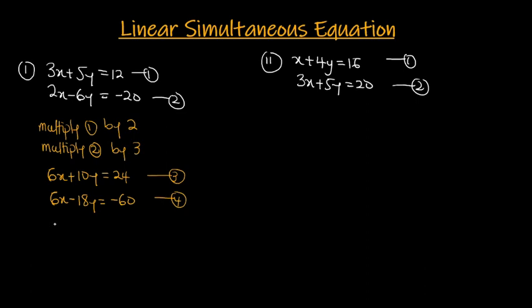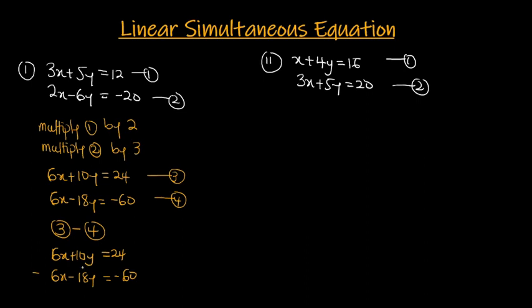From here I can see, okay, so equation 3 minus equation 4. So that will give me 6x plus 10y is equal to 24 minus 6x minus 18y is equal to negative 60. Right, so 6x minus 6x will give me 0x, so I can leave that.